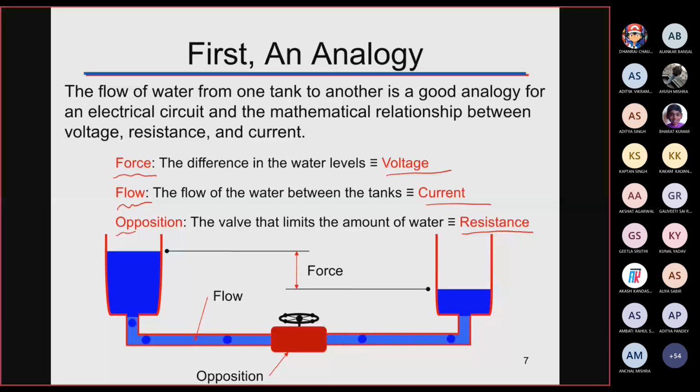That is accounted for by opposition, which is equivalent to resistance. Suppose we want to flow water from one tank to another, and in between these two tanks we have a valve through which we can adjust the flow of water, right? So here you have force, that is the difference in the water level. So the water level difference is between the first tank and the second tank.